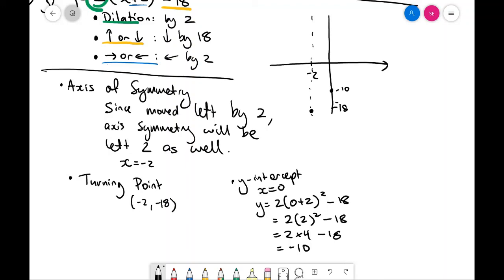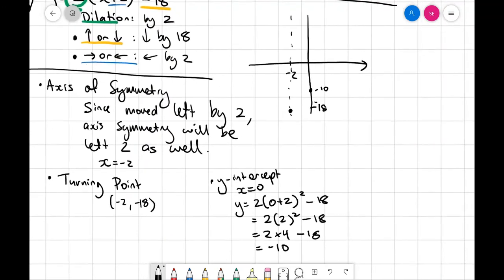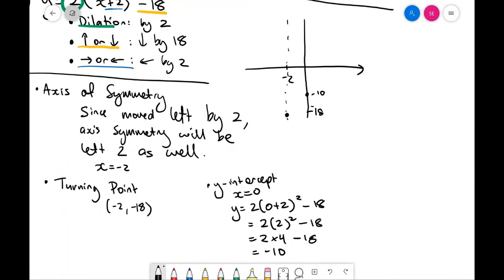Now we'll also find the x-intercepts. They're going to be a bit harder. So we'll let y is equal to 0. So we've got 0 is equal to 2(x + 2)² − 18. Now we'll take the 18 to the left-hand side. So we get 18 is equal to 2(x + 2)². Let's divide by 2.